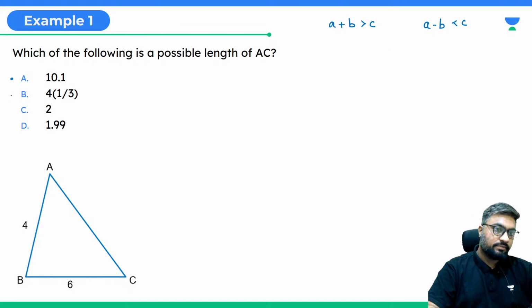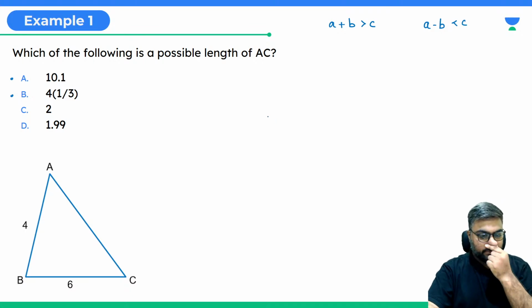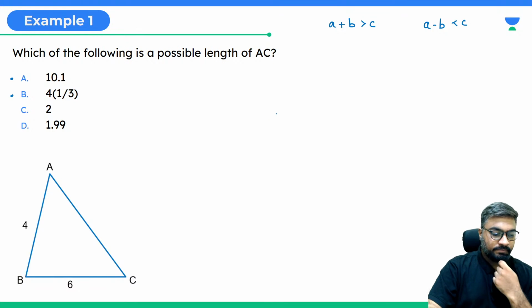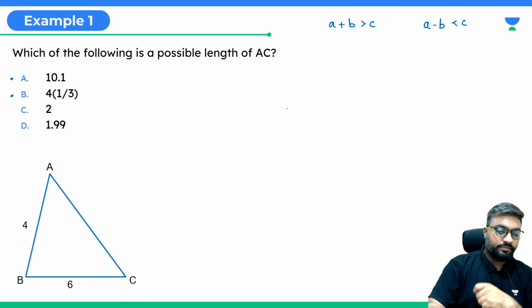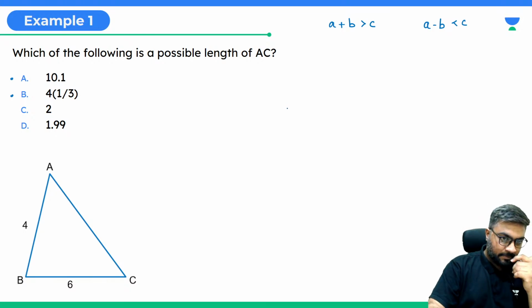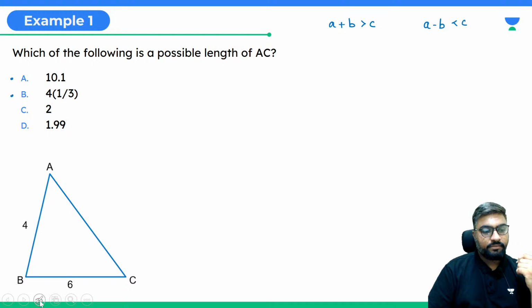Sahil says B. Superb. Others? How about others? Ranjit says B. Superb. Alright, so let's look at this property.